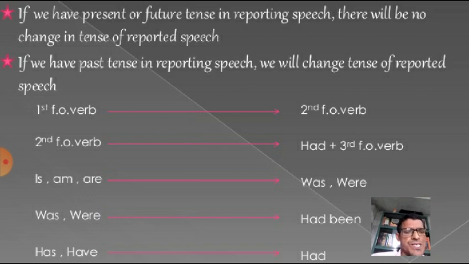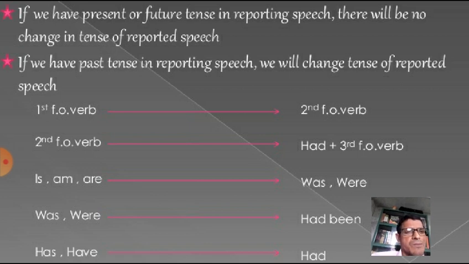So dear student, one more rule is there, and the situation is the same. If in the reporting speech past tense is there, and in the reported speech either has or have is there, then has and have can be changed into had. Again listen carefully, because most of the time students get confused here.